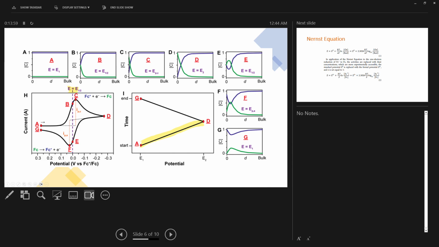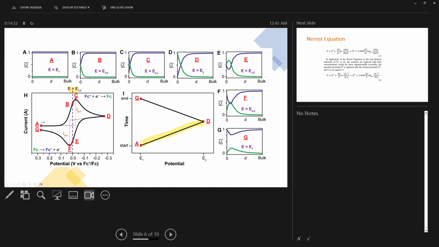From point A to point D, this whole path is called the cathodic trace, and in this graph it is shown here. Point A to point D, we are changing the potential like this. So this is the cathodic path.